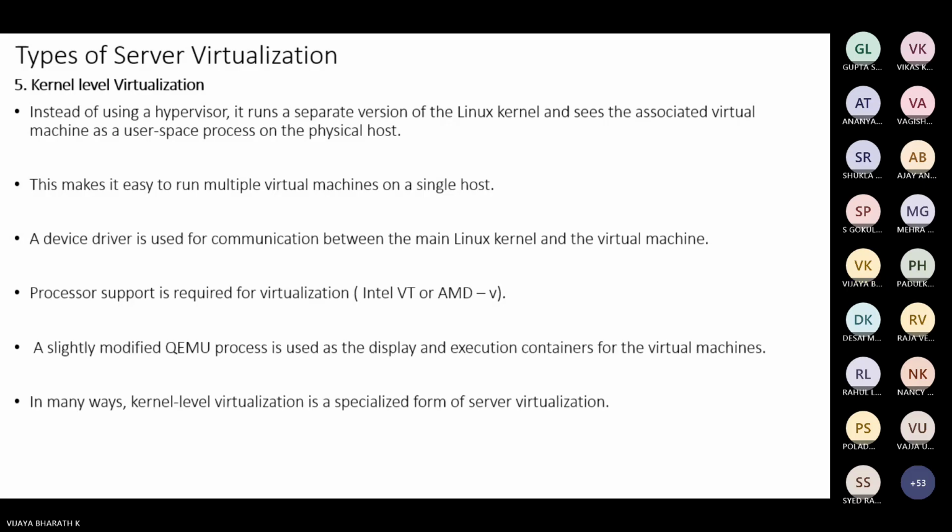A slightly modified QEMU process is used to display and execute the containers of the virtual machines running on top of the respective OS. So kernel level virtualization is a specialized form of server virtualization.